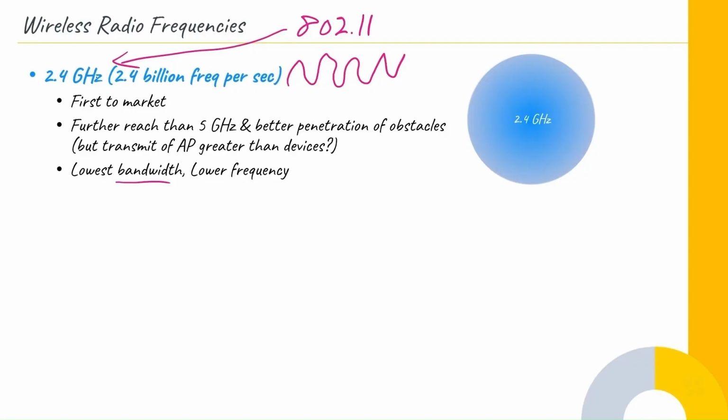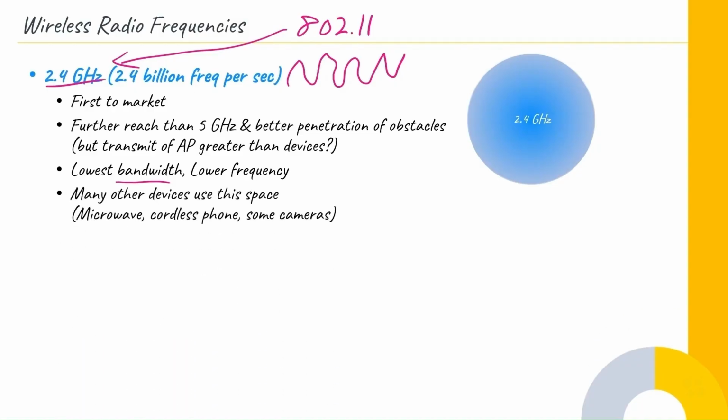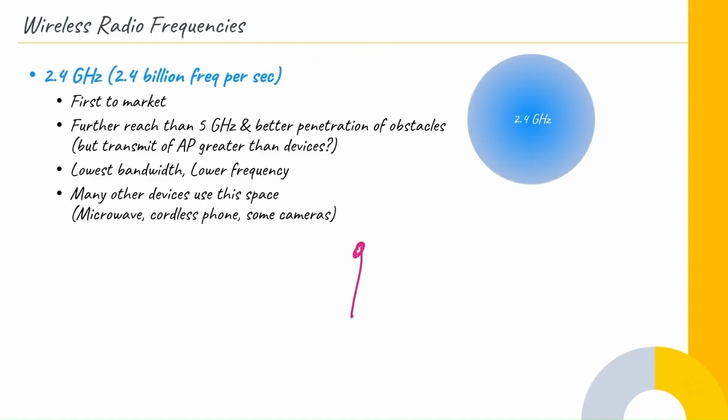Here we kind of have the battle of the bands where we have 2.4 gigahertz and 5 gigahertz, which is coming up here. But many other devices also use this space, and so that's something else to think about as well. So again, if I have my access point here, and it's emanating out its signals, trying to reach my laptop over here, in between, there might actually be some other things going on. I might have a phone here that uses 2.4 gigahertz.